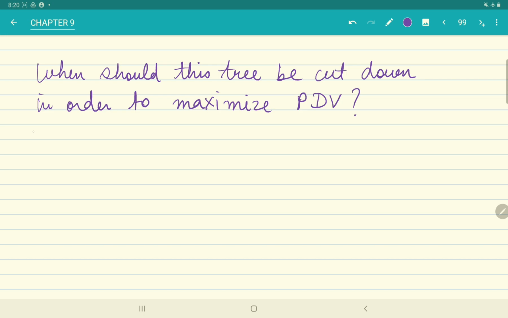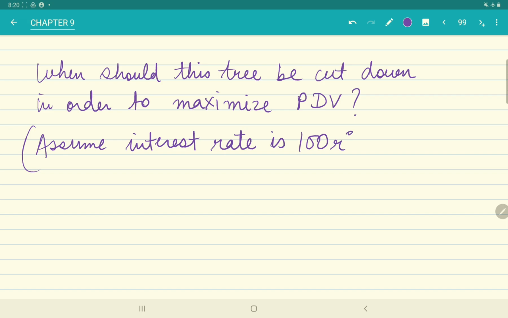And here we assume the interest rate is P% and r is P by 100. So let's say the interest rate is 100 r% per year, compounded continuously.